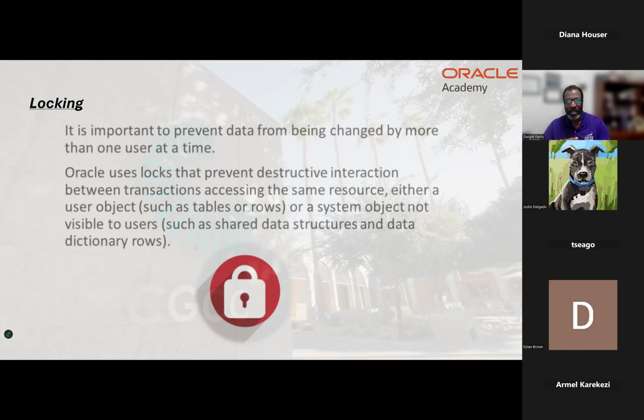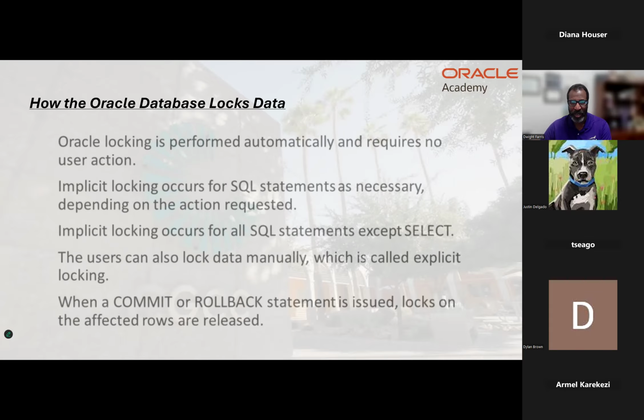All right, locking. Not such a big deal anymore, as I said before, because of the timing, but it is important to prevent data from being changed by more than one user. There is a mechanism within Oracle so that you can lock and prevent destructive interactions. It is performed automatically, and there's implicit and explicit.